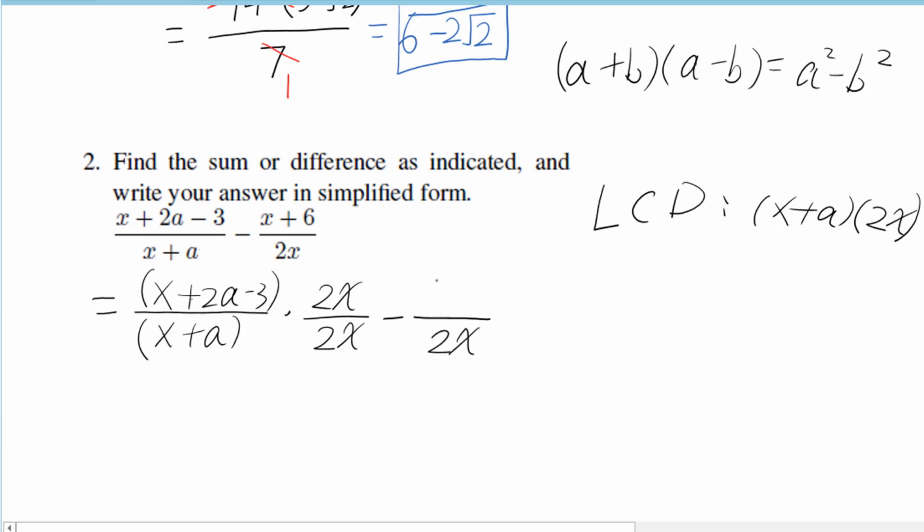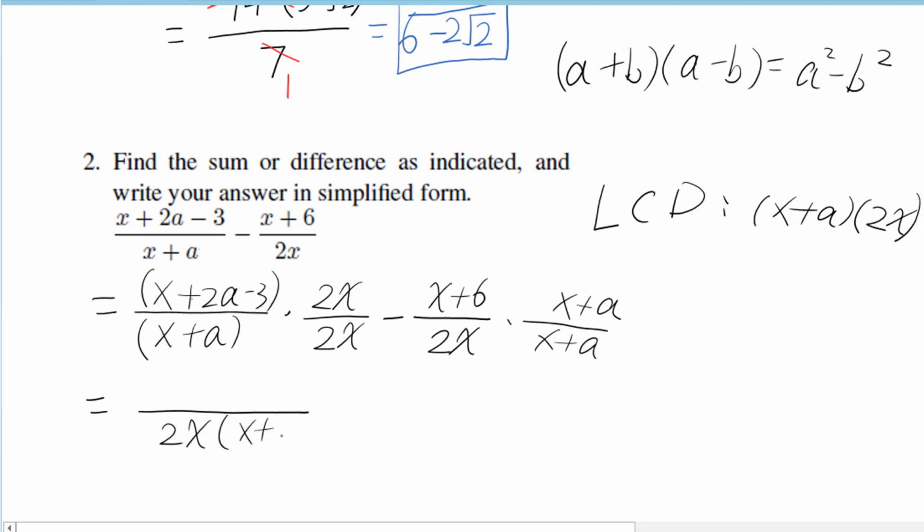This time, we have x plus 6 over 2x times x plus a over x plus a. In this way, we will create the same denominator. So you get the 2x times x plus a.